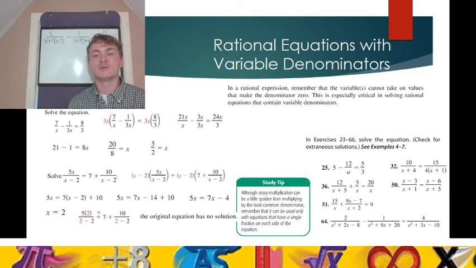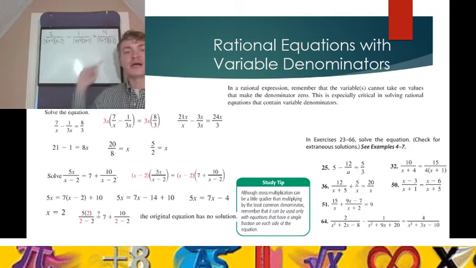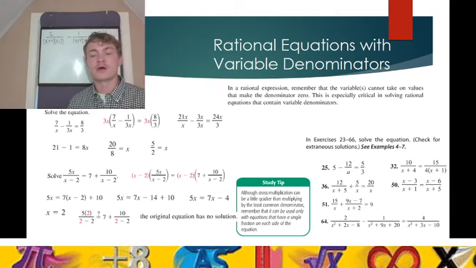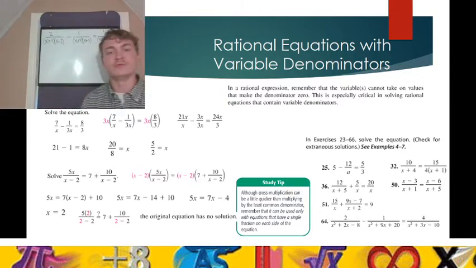X squared plus 9x plus 20: two numbers that multiply to give us 20 and add to give us 9 are 4 and 5, so x plus 4 times x plus 5. For our third denominator, two numbers that multiply to give us -10 and add to give us +3 are +5 and -2, thus x plus 5 multiply x minus 2.